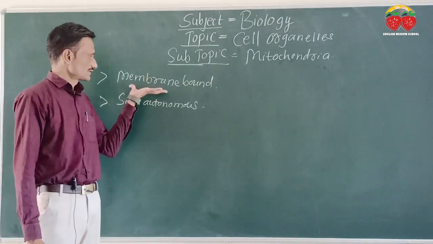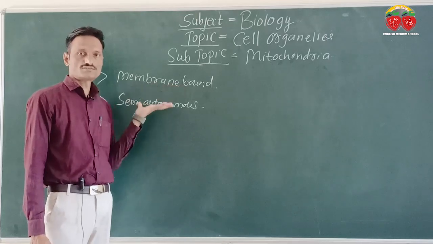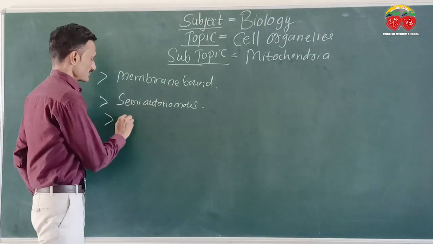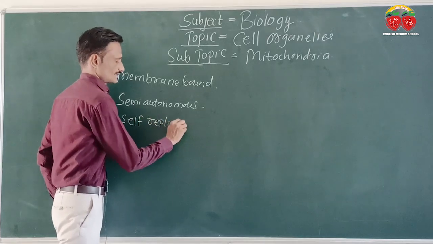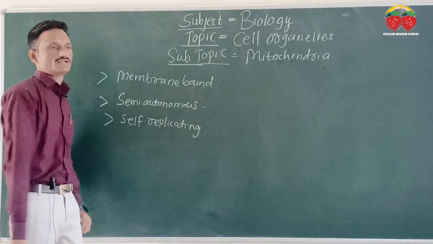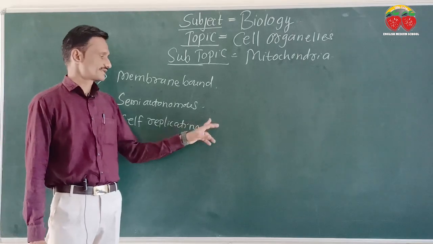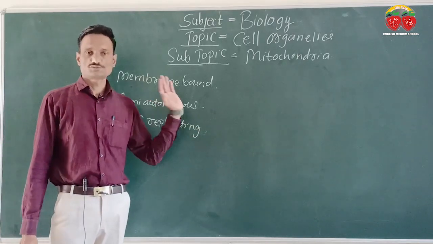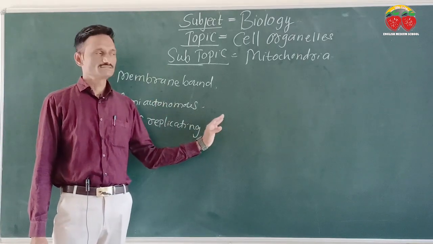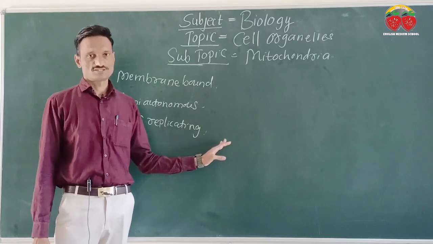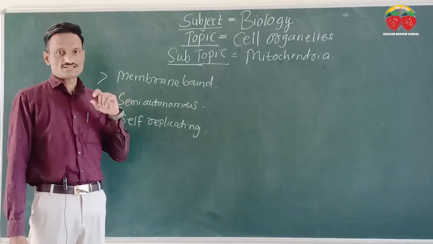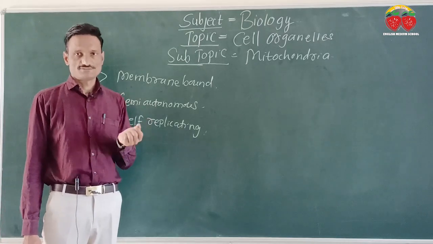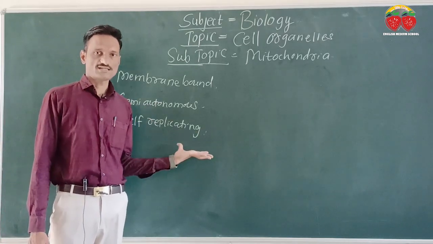This is one of the membrane bound semi-autonomous, self-replicating cell organelles present in the cytoplasm of almost all eukaryotic cells and totally absent in prokaryotic cells. In eukaryotic cells also, some of the cells are exceptional. For example, RBC. In RBC, mitochondria is absent.